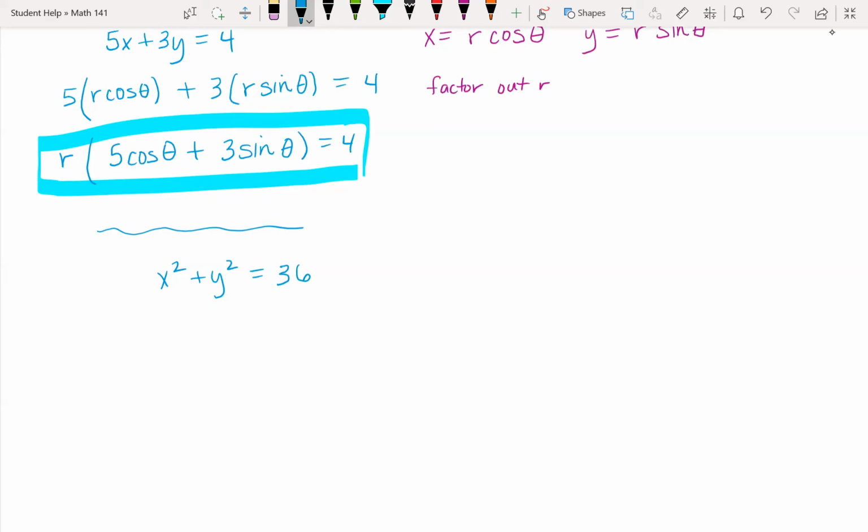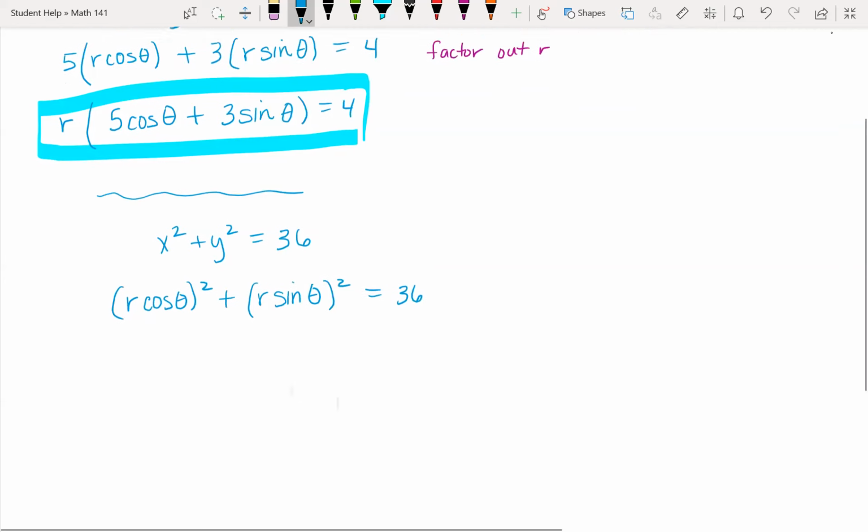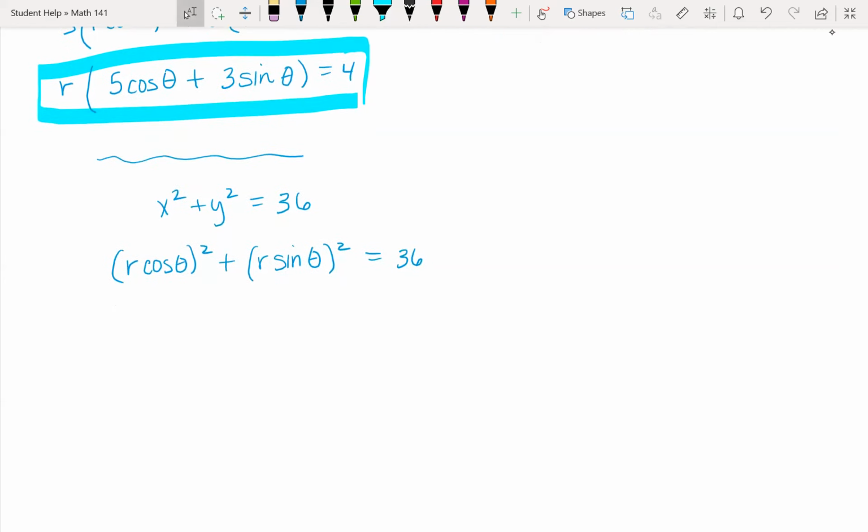Let's make substitutions. For x, we'll put r cosine theta, and that's going to be squared. And for y, we'll put r sine theta, and that's also going to be squared, equals 36. I'm going to square the r and the cosine theta, so I'll have r squared cosine squared theta, and then r squared sine squared theta is 36.